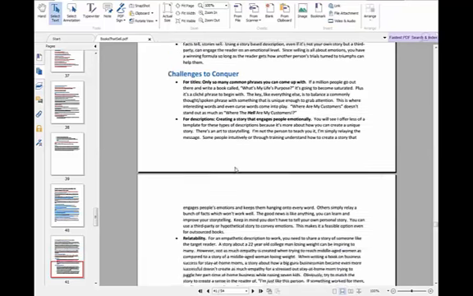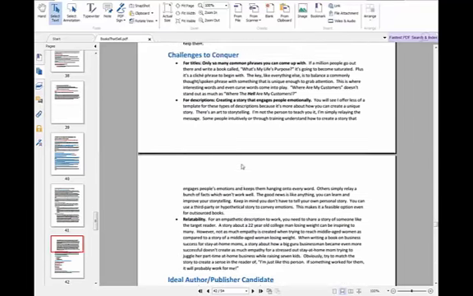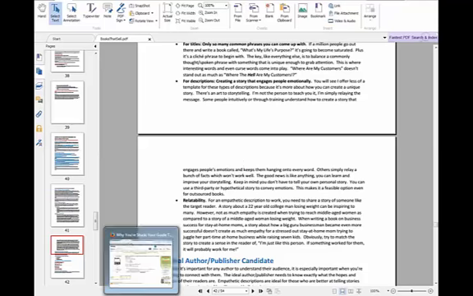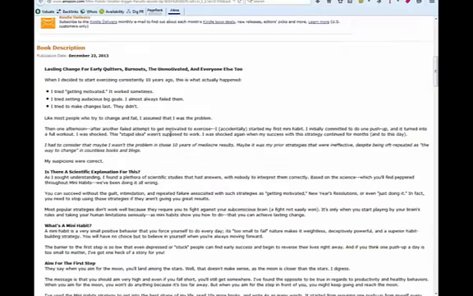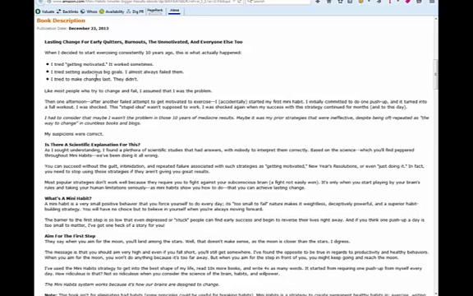And now if we're talking about descriptions, in the book description you're mostly telling a story. Before I jump into that, let me give you an example of a good one, which is Stephen Guise's Mini Habits. "Lasting change for early quitters, burnout, unmotivated."